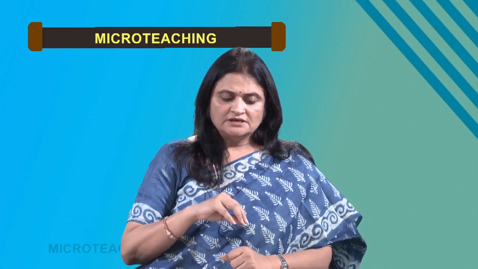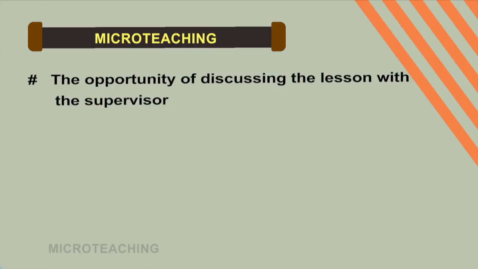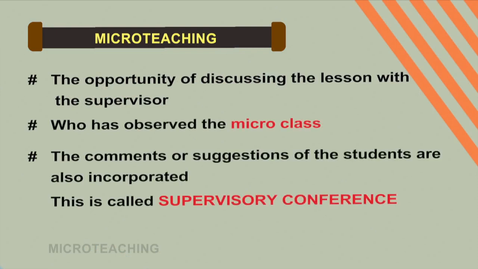Another important aspect is, if we have given them a questioning, then we need to give them an opportunity of discussing the lesson with the supervisor. Then the supervisor can incorporate these suggestions or comments, and this is called a supervisory conference.